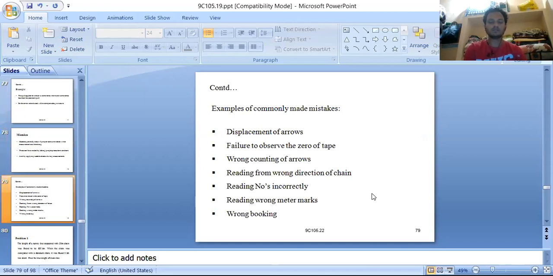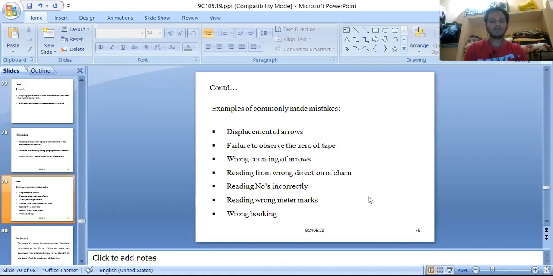The common mistakes which we generally come across in the field are displacement of arrows, which represents a wrong length of the chain. If the arrow is displaced from one point to another point, the distance we measured may come out erroneous. Failure to observe the zero of the tape. Some people start from the very starting point of the tape, and some people start at the joint of the tape, which is not correct.